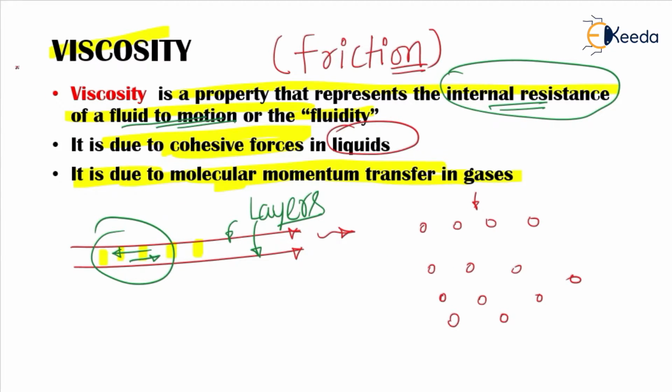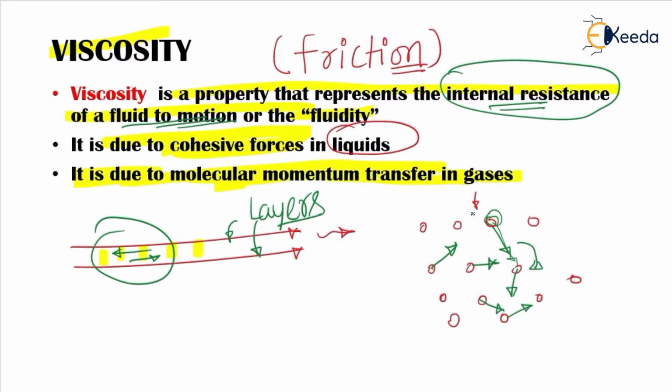So here what will happen? These molecules have some mass and velocity, and they are moving randomly. Whenever one molecule collides with another molecule, it transfers some energy, and it loses its own energy.